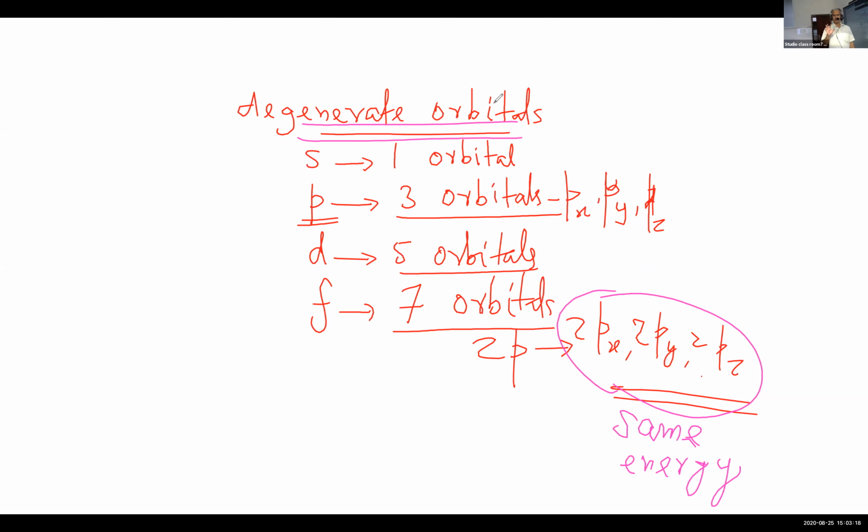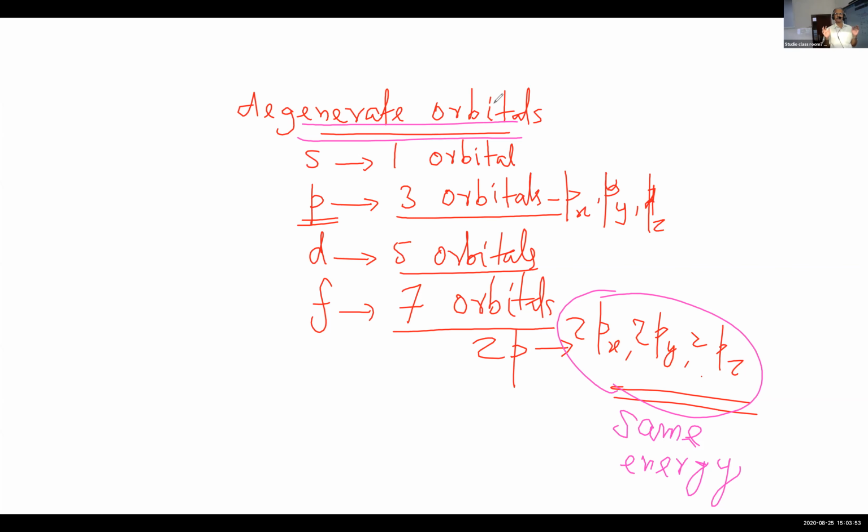So, for hydrogen and hydrogen-like atoms, that means a species or an atom with 1 electron, the energy is determined by the principal quantum number only. But in the multi-electron species, that means an atom with more than 1 electron, the energy can be determined only with the help of the principal and the secondary or azimuthal quantum number.